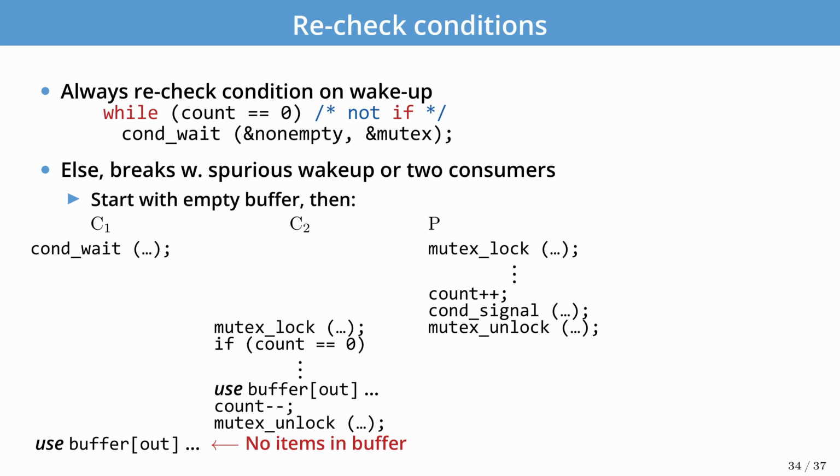So an important thing to remember is that while going to sleep in condition wait is atomic with releasing the mutex, which ensures that you never go to sleep without possibly being signaled, it is not the case that the wake-ups are atomic. Alternative designs to condition variables do fix this, but nobody actually uses those in production.